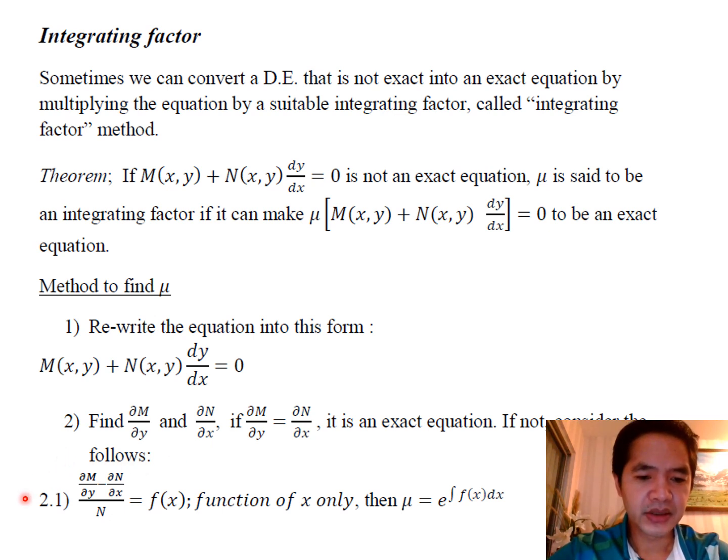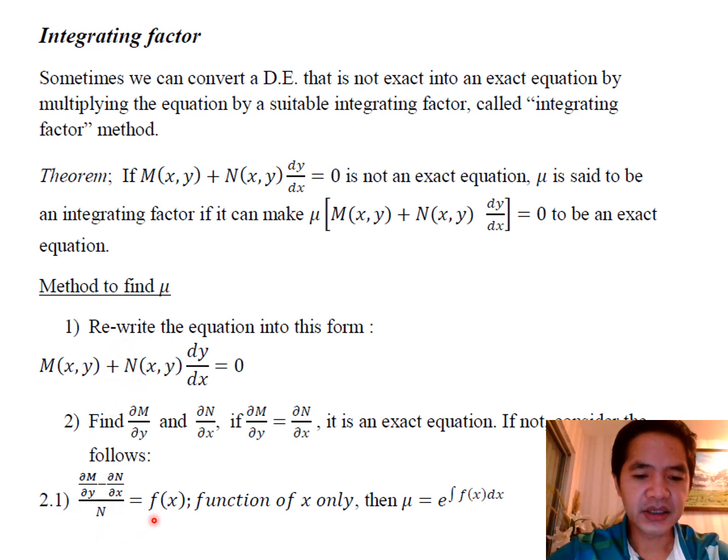So how are we going to do it? After you find partial M over partial y and partial N over partial x, then you subtract. Look at this form: partial M over partial y minus partial N over partial x, over N. So just divide by N, the N function from here.